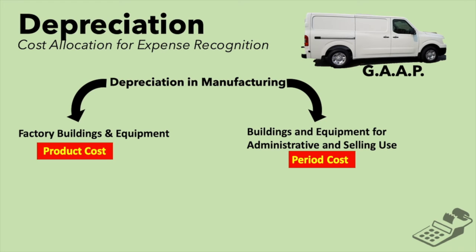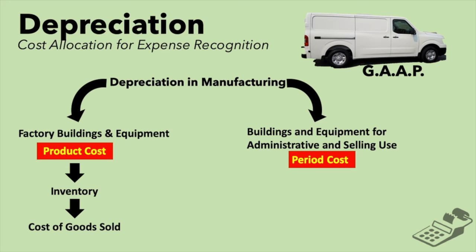And so what happens with these two costs? Well, when depreciation is recorded for factory buildings and equipment, it goes into my inventory, because the value of the products I'm producing has a component in that value of the depreciation on the factory buildings and equipment.